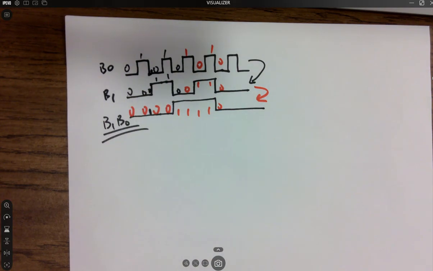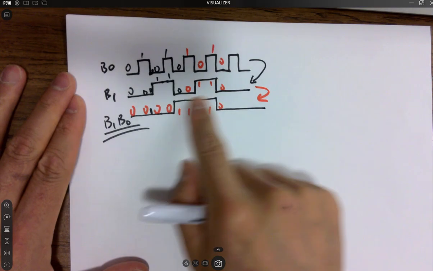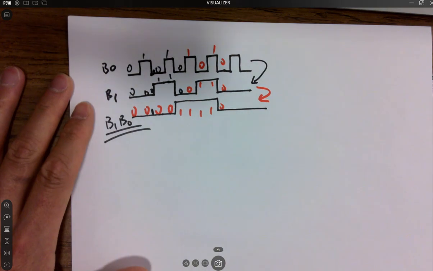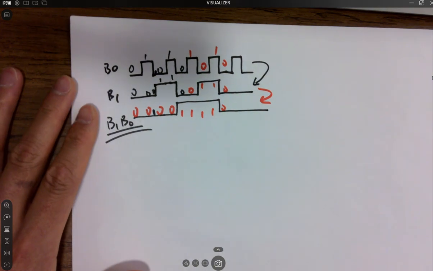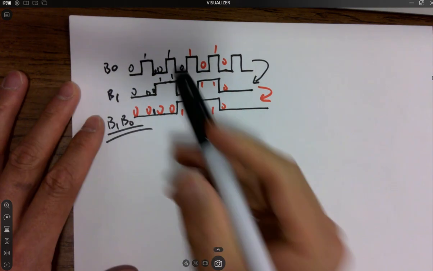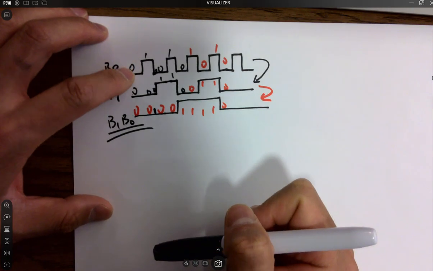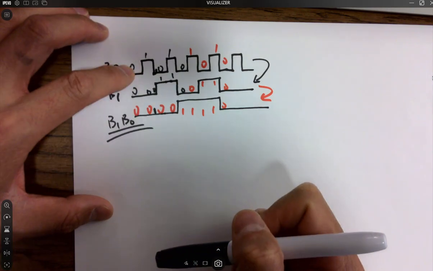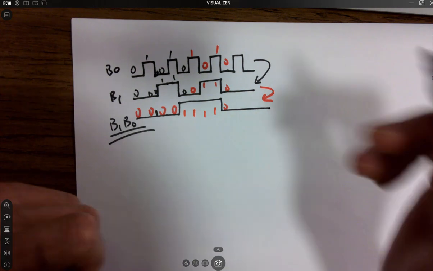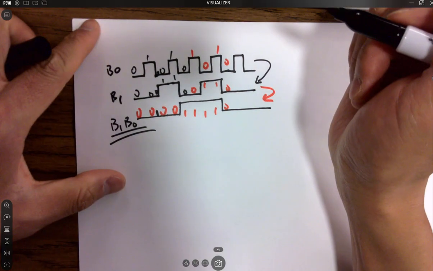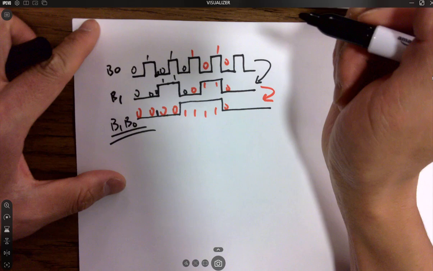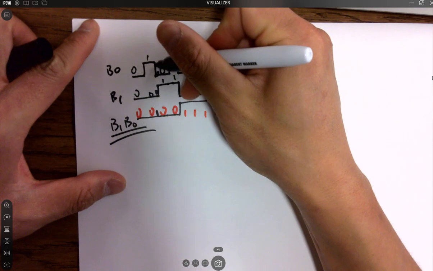Would you use something like a sequencer, a D flip-flop? Yeah, D flip-flop definitely. As I said, it's basically a divide by 2 circuit. So I'm drawing this at the falling edge.